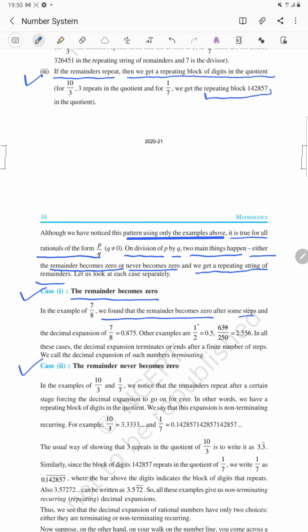And the decimal expansion of 7 by 8, if we see, you can divide 7 by 8. 0, 0. 8 8s are 56. Then what will we get?